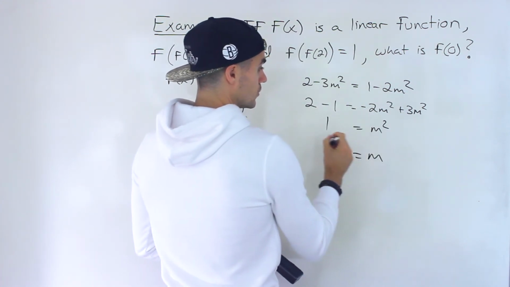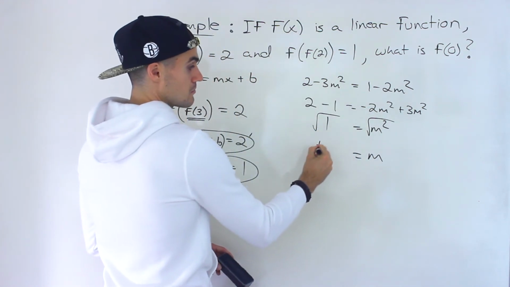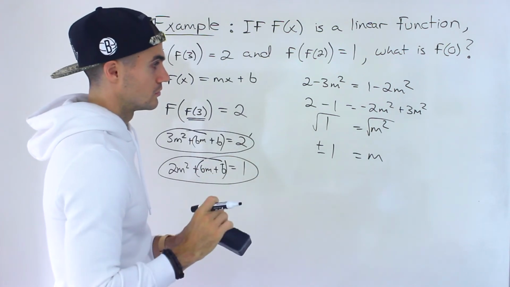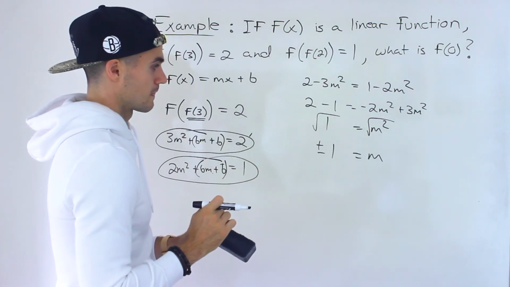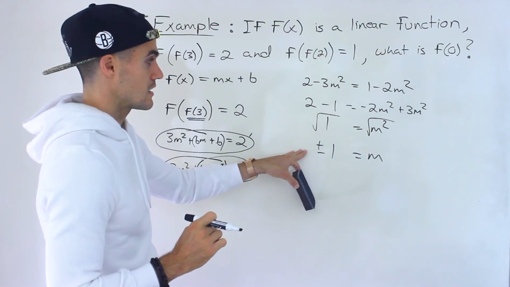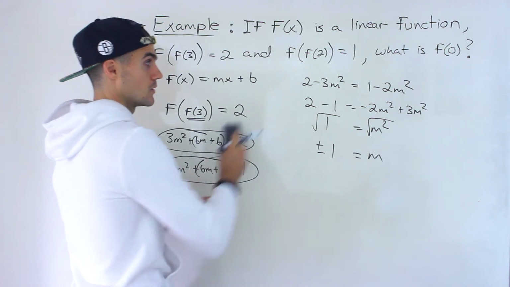So m would be, square root both sides. The square root of 1 is plus or minus 1. So you've got to be careful here, multiple potential cases. Right, so we're going to have to deal with both of those cases, see if they work out. So m can be plus or minus 1.